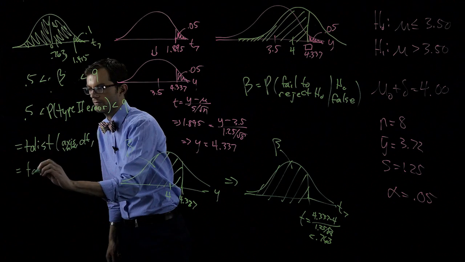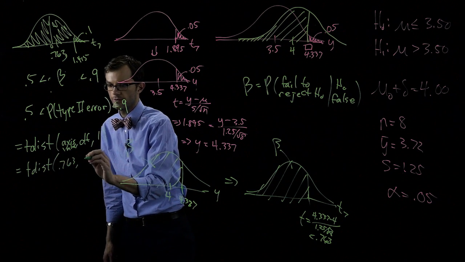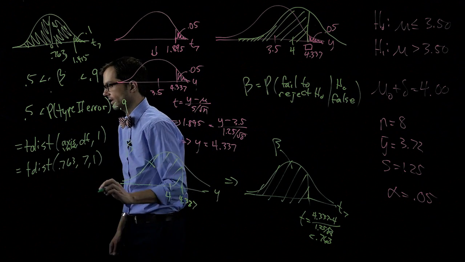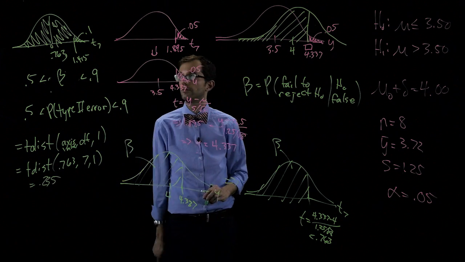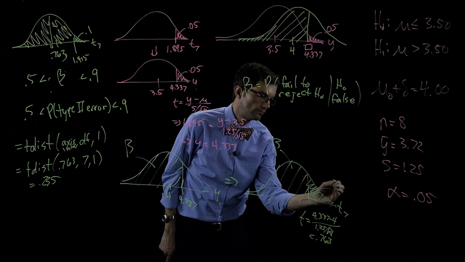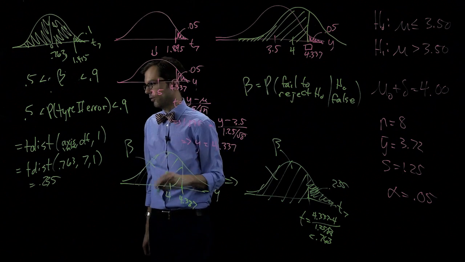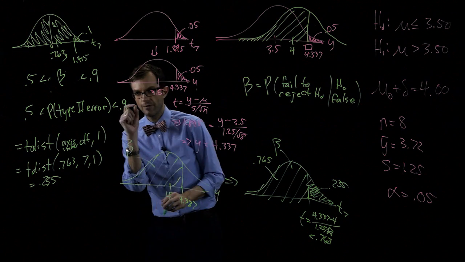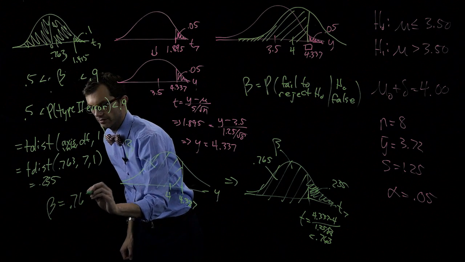So for 0.763, degrees of freedom 7, upper tail, it's going to give us 0.235. That's this area up here. We want 1 minus that, 1 minus 0.235, which is 0.765. So if we wanted a very specific value of beta, it is 0.765.